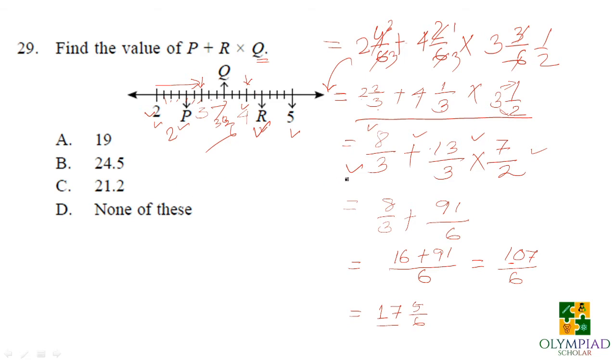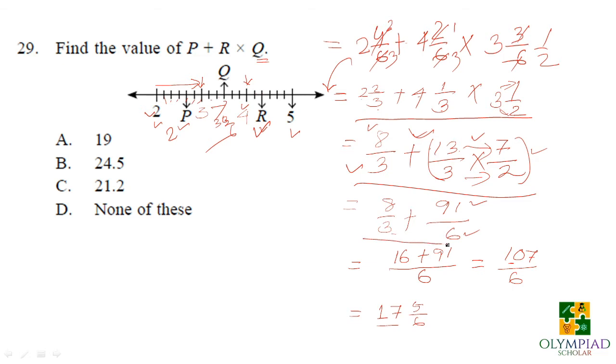So in this case, as per the BODMAS rule, you have to multiply these two numbers before you carry out the addition operation. Okay, so if you multiply, you cannot cancel any of the numbers here, so simply you have to multiply the numerators and the denominators. In that way, 13 7 times is 91 and 3 2 times is 6.